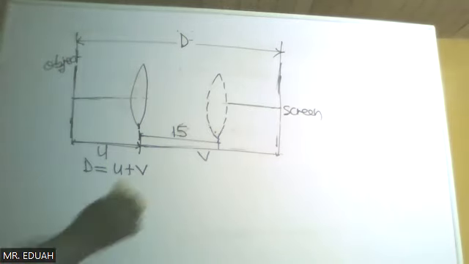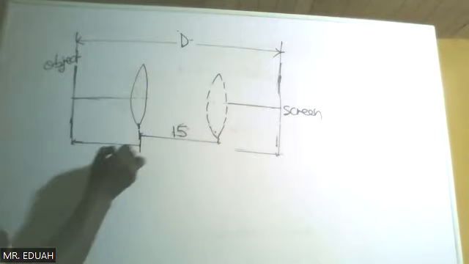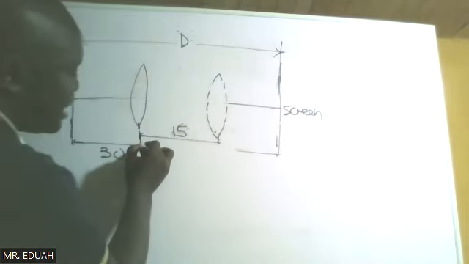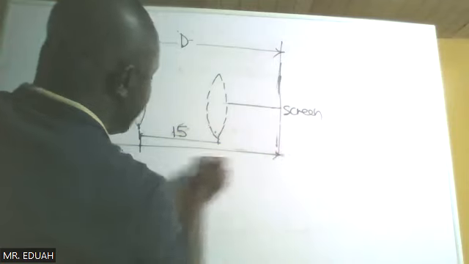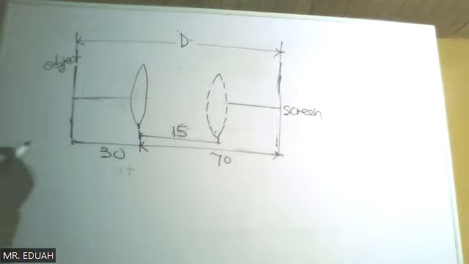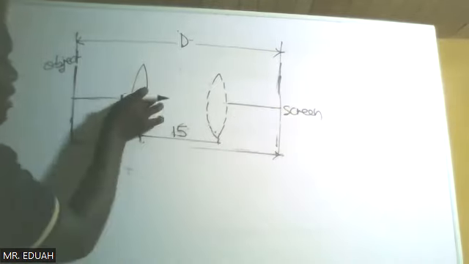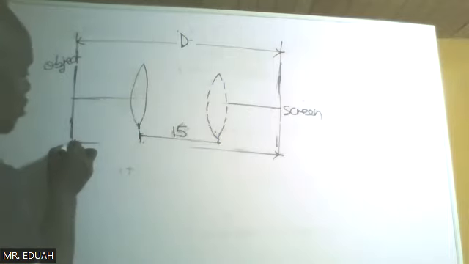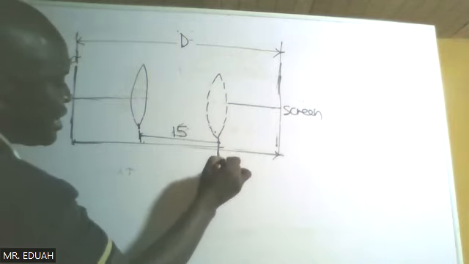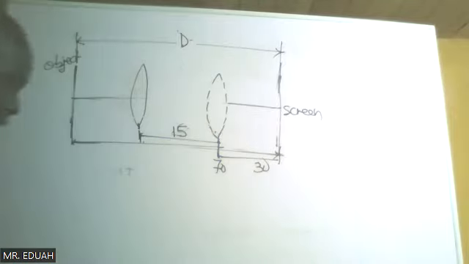If from here to here is 30 and the whole distance is 100, then the rest will be 70. Now if we push the lens to the new position, from here to here is 70, then the other side will be 30 if D is 100.